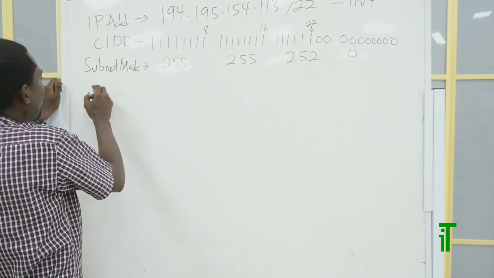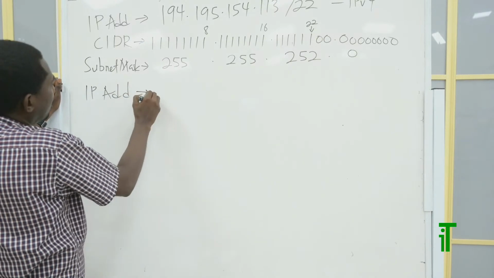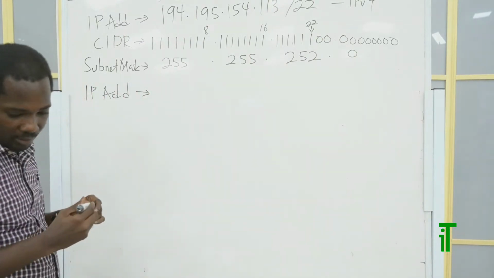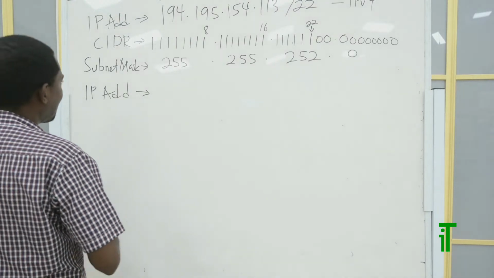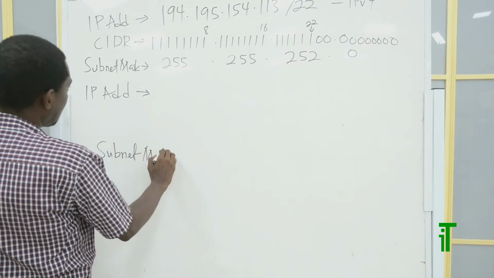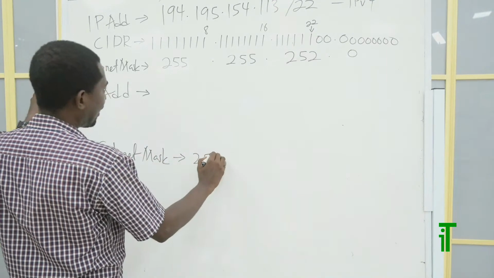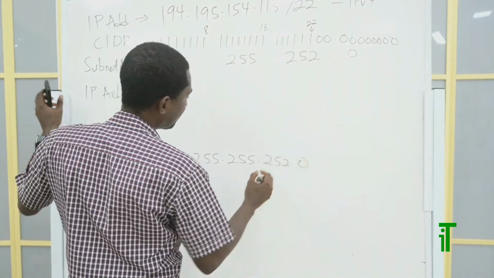So I'll convert it to binary, and this is what we have. Let me write the subnet mask down here. So you have subnet mask of 255.255.252.0.